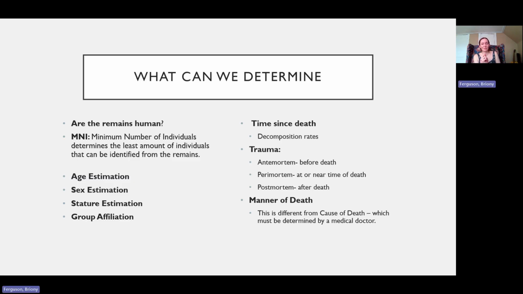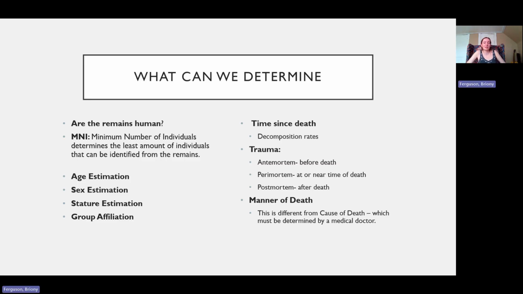We are also not going to do group affiliation in this lab. Stature and group affiliation estimations are also a little bit more of an advanced kind of methodology and technique. Generally, it's not something that you would learn in an intro course anyway.